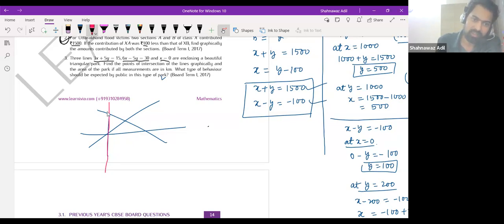This is one line, this is the second line, and this is the third line. So this would be the triangle, and we already know this point and this point. Then we can calculate the vertices, right? So you guys try this problem. I will send you this homework, so you should practice this.